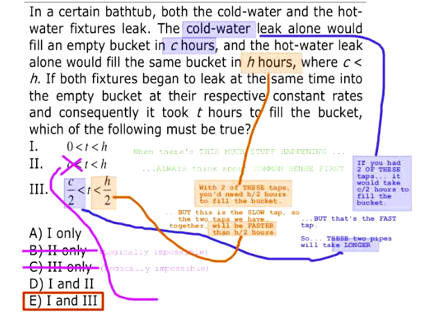So eliminating 2 is even quicker, because this is how long the cold tap takes by itself. You have the cold tap and another tap. So C is definitely less than C. So that's out.